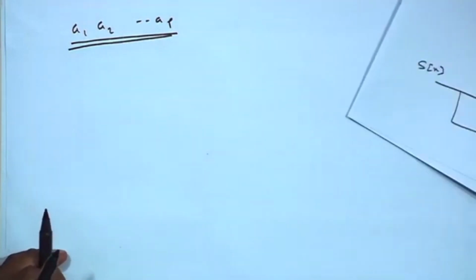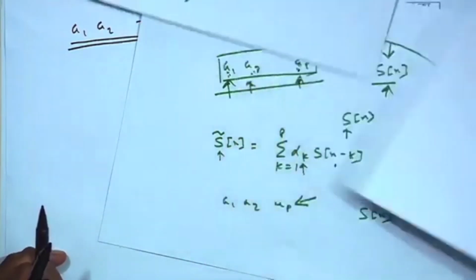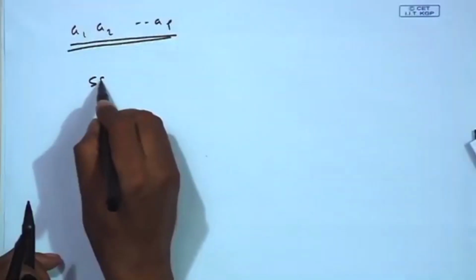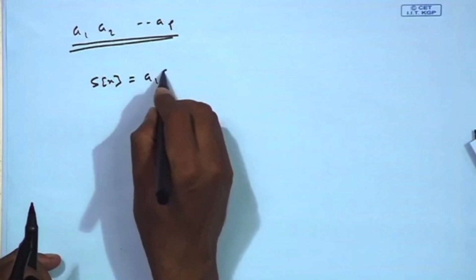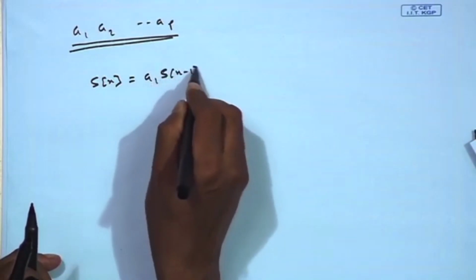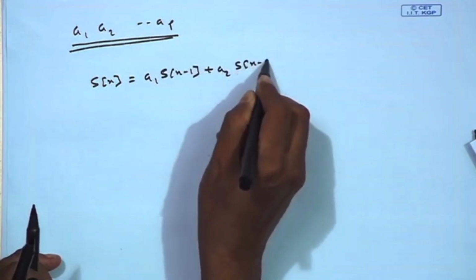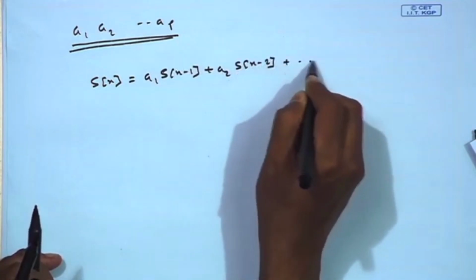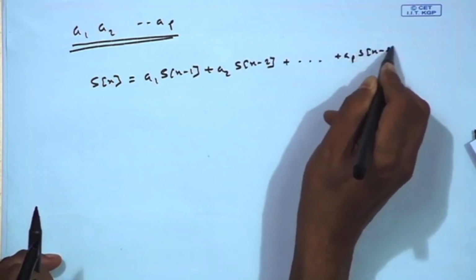If you see this equation, I have only one equation, where I can say s[n] is equal to a1 s[n-1] plus a2 s[n-2] plus dot dot dot plus ap s[n-p].